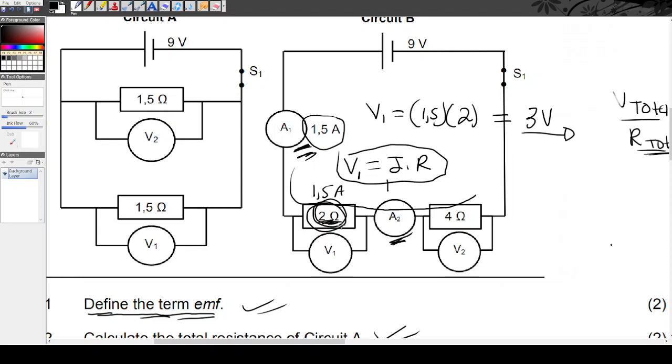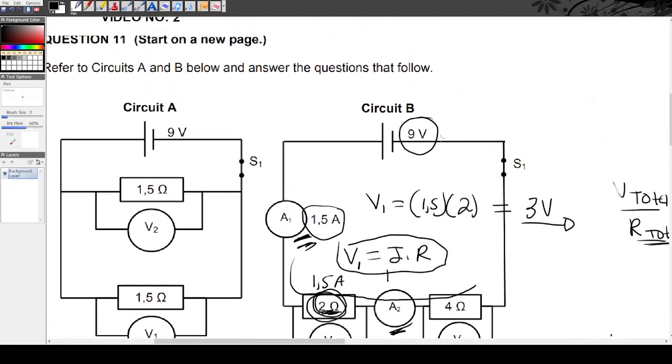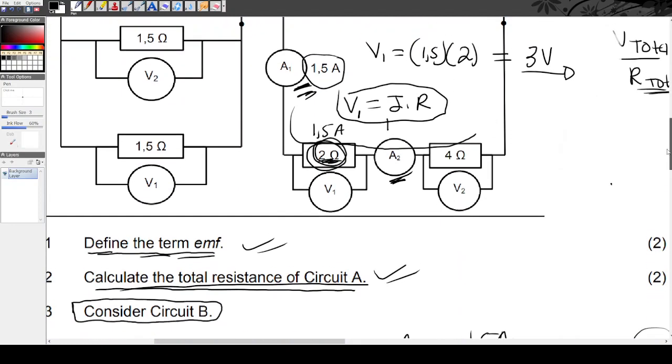What does this whole thing mean? It means that out of this 9 volts in this battery, 3 volts is used by this resistor. This one is using 3 volts.